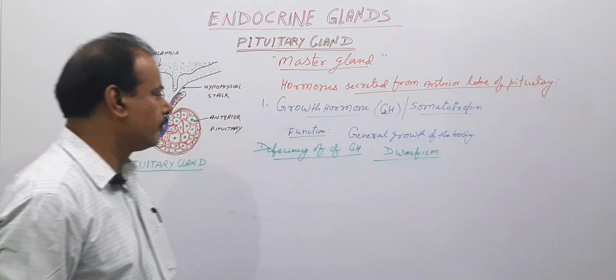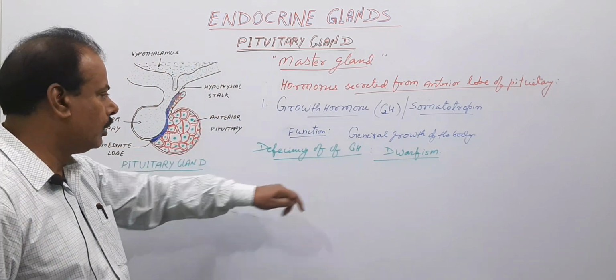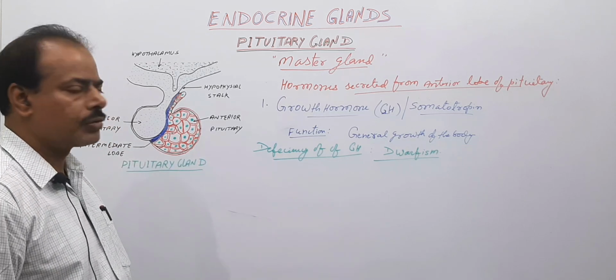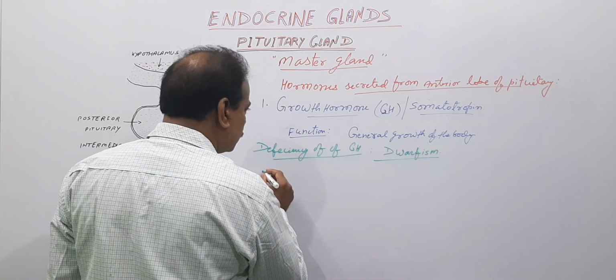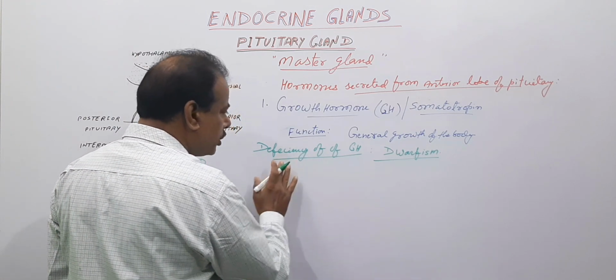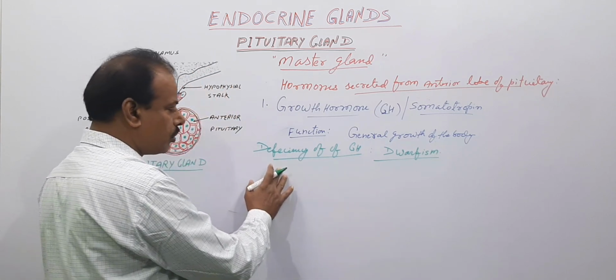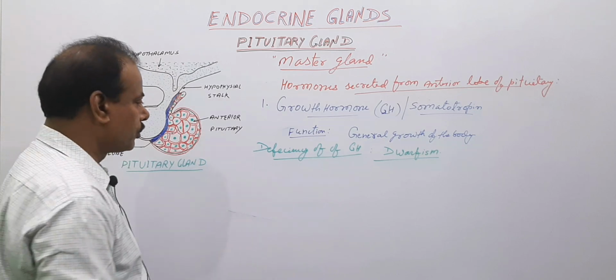So dwarfism is the disorder which is caused due to deficiency of GH or growth hormone. This is also known as hyposecretion of growth hormone, and next is hypersecretion of growth hormone.